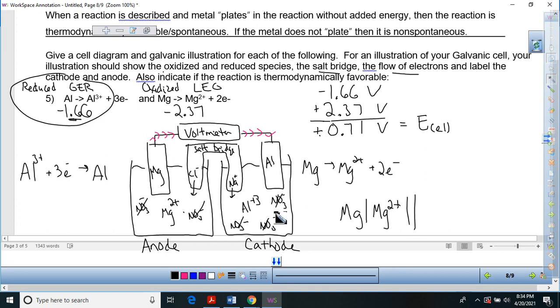On the cathode side, the aluminum ions gain the electrons to form aluminum metal. Okay, so basically it's taking this illustration that we did here and it's putting it into a shorthand form that we call a cell diagram.